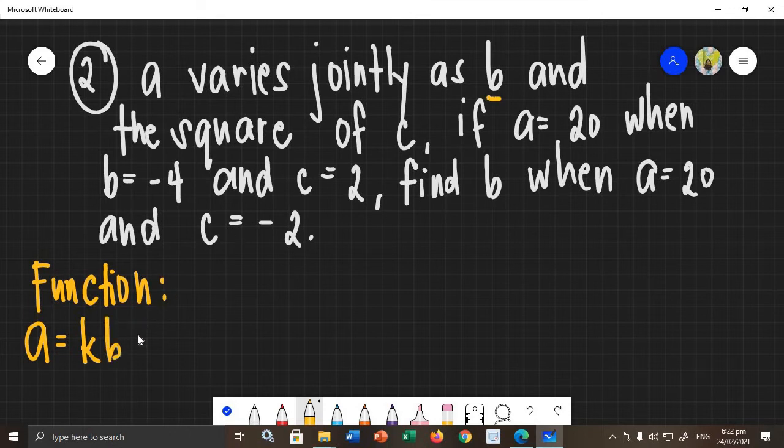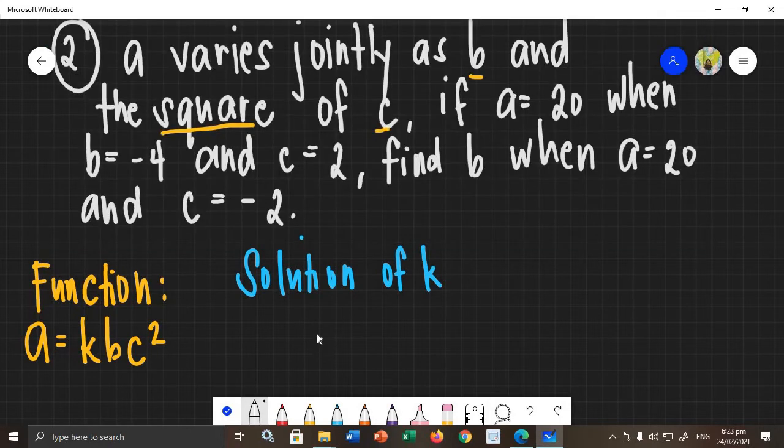Okay, so b and the square of c, so c squared. So the function required in this problem is a is equal to k b c squared. Okay, and then take a look at the problem. As you can see, we don't have the value of k, which is the constant. So that is the first one that we need to solve.